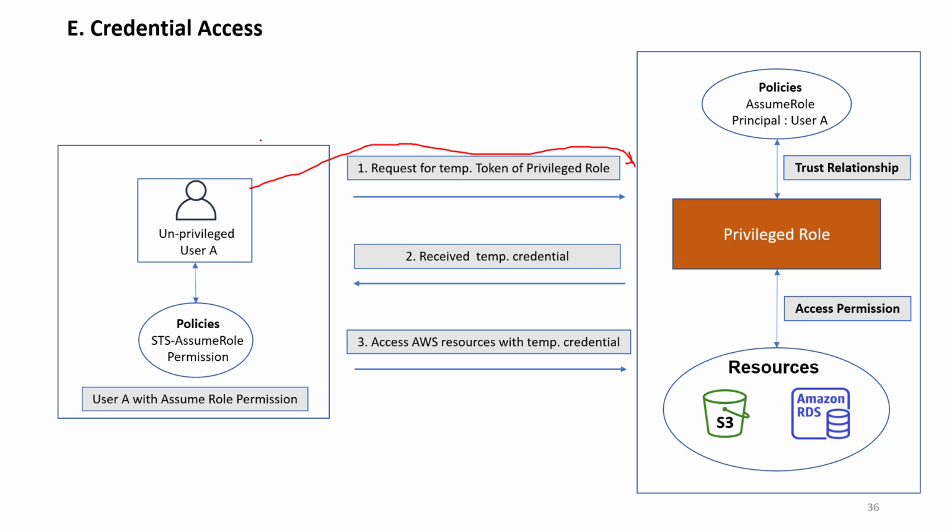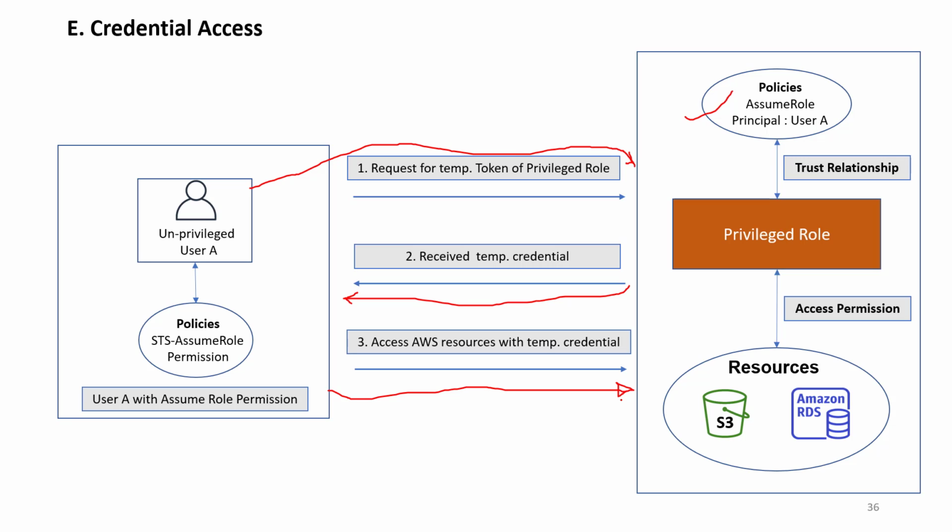Once both criteria are met, this user receives this temporary token, which is valid for around 10 minutes, and after configuring the token with API or CLI, this user can perform all the actions which belong to this role. So this is how credential access works. Once you have a credential, you can access all these things. Initially it is not there, but after assuming this role, you can perform this.